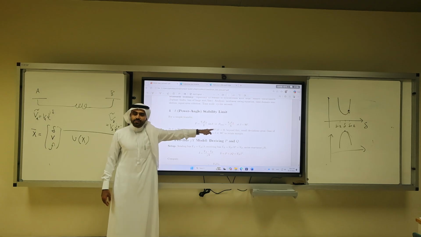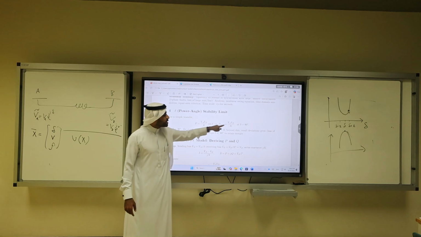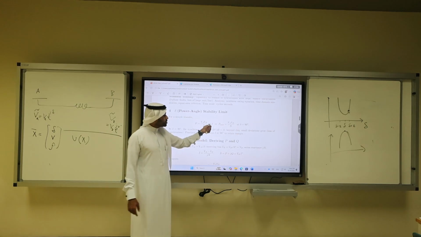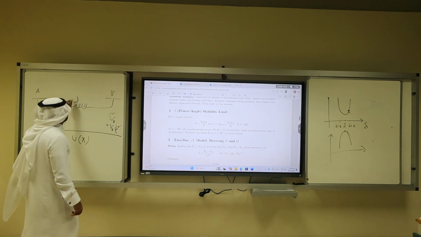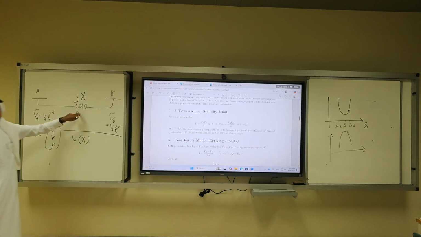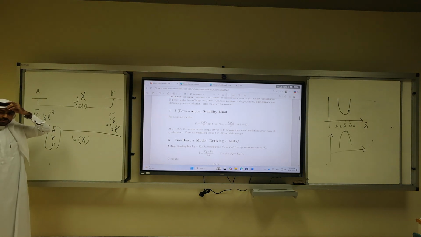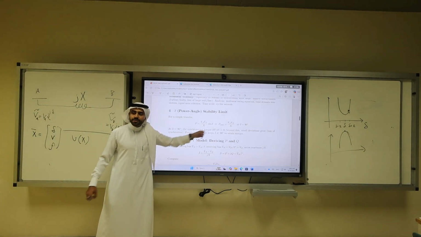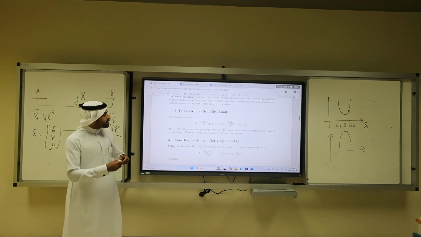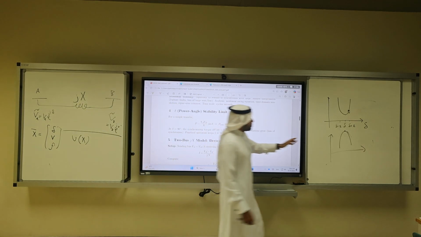In the undergrad level 3 course, the maximum power occurs when delta is 90 degrees, because sine 90 is 1, and it is VA VB over X. What is X? It's the reactance of the transmission line. The more reactance of this transmission line, which is similar to the impedance, the less power you can transfer. So at 90 degrees, that's the peak.